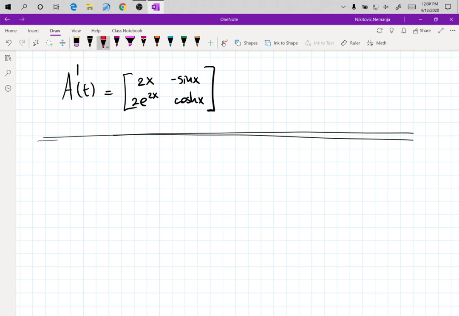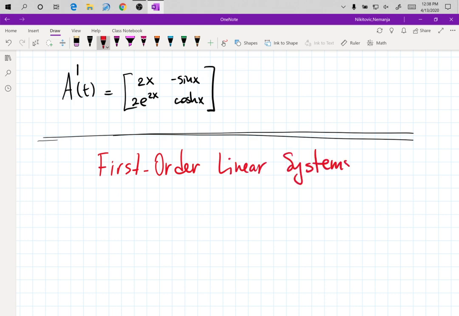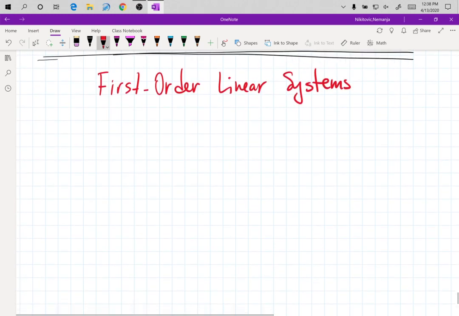So first order linear systems. The first order, right? That means we are only looking at the first derivative. First order, first derivative; second order, second derivative, and so on.